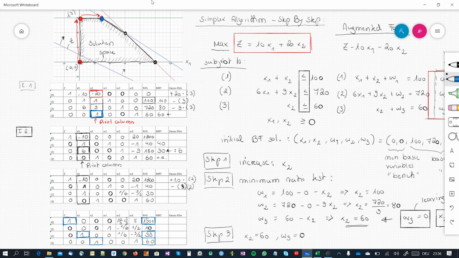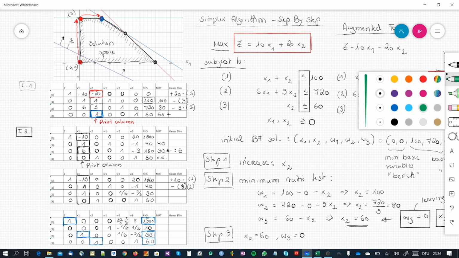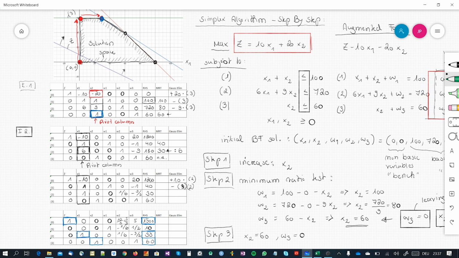What is interesting to see now from the tableau of the simplex is how we could still improve our objective function value. For instance, if we look in the tableau, we have given a slack for the second constraint of 5 divided by 3, and for the third constraint of 5. They are given also by the values of the right hand side, so it's the second and the third.